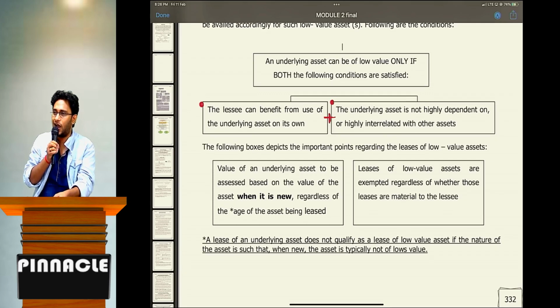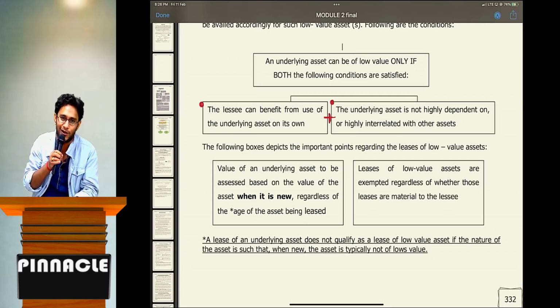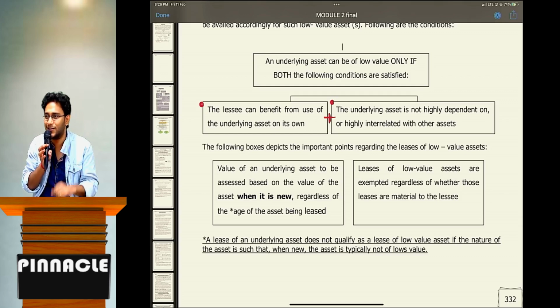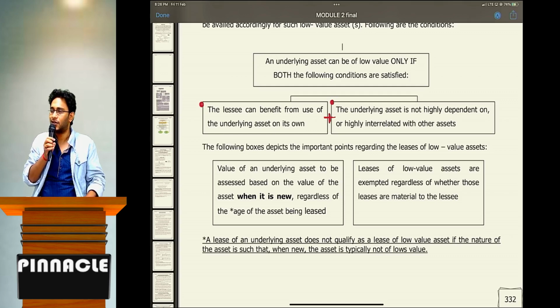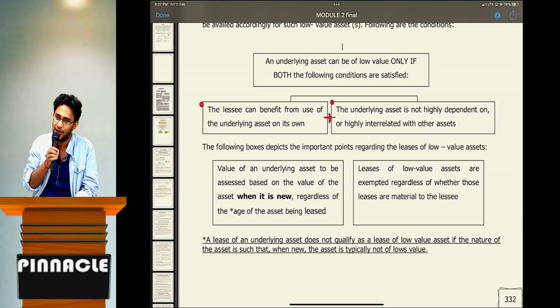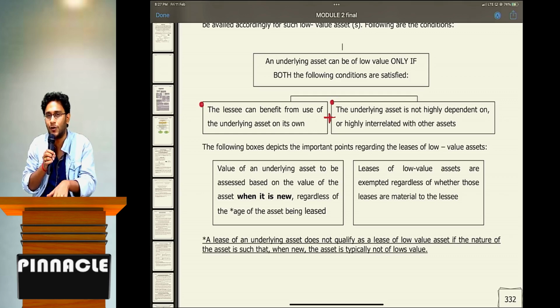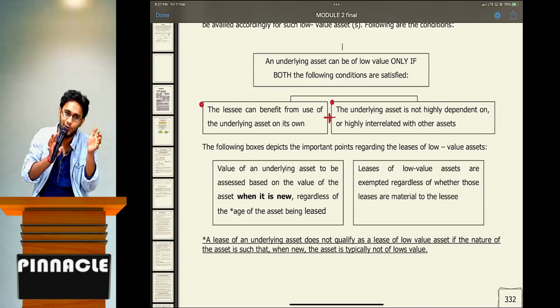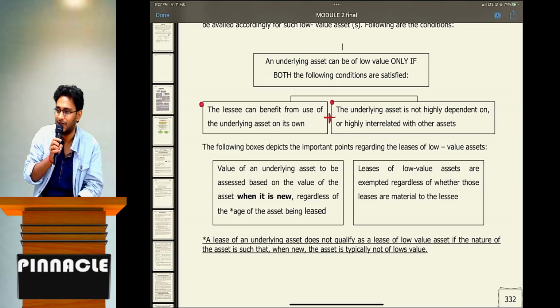No. An Indica car would already have traveled 1,50,000 kilometers. That car that fellow will give you. Now, for this every month I have to pay 10,000 to this fellow. You'll feel bad. Actually that car is worth 50,000. But does it mean it's a low value item? No. Whether the value is low or not, you should check not today. When that asset was new, at that time it should have been low, sir.